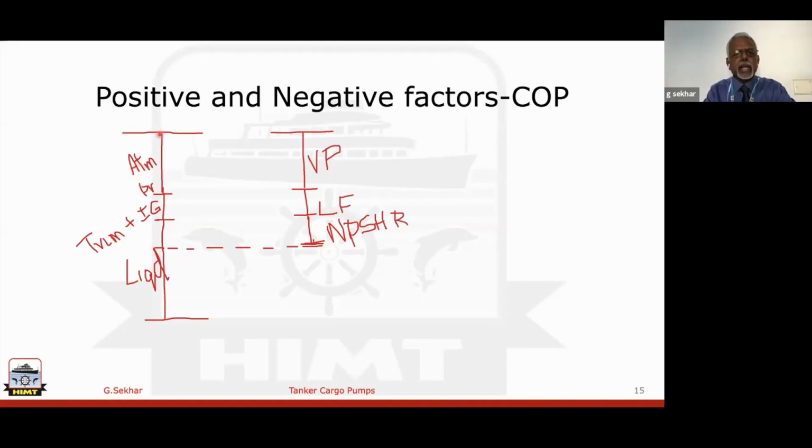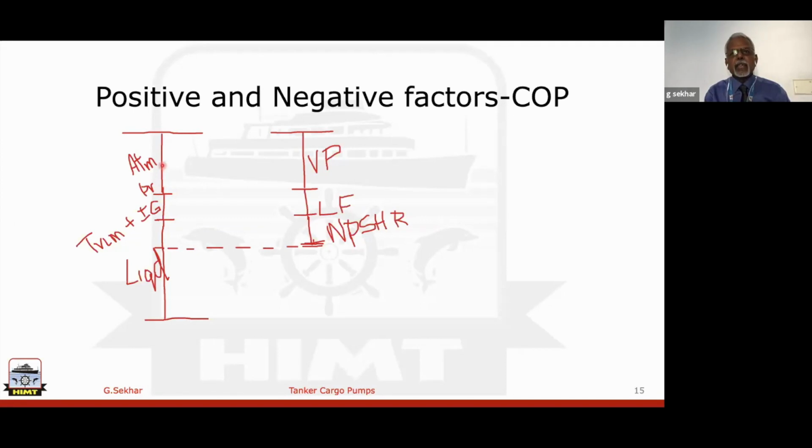Now, in this diagram I have drawn positive and negative factors. Inside the cargo oil tank, I am converting every pressure into meter liquid column. This is the atmospheric pressure, which is everywhere above the oil level inside the cargo tank.